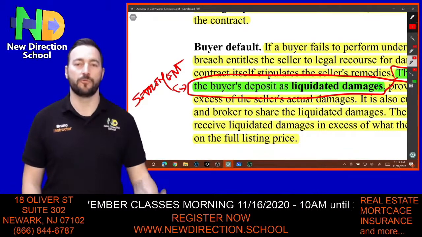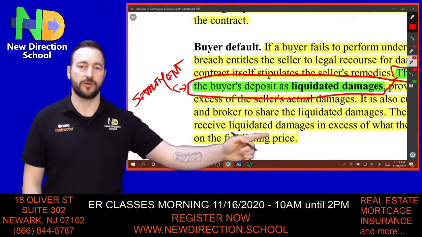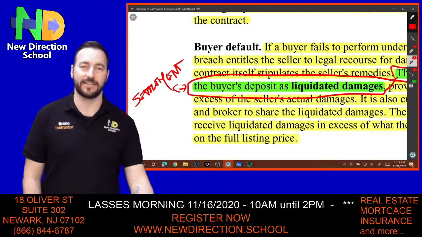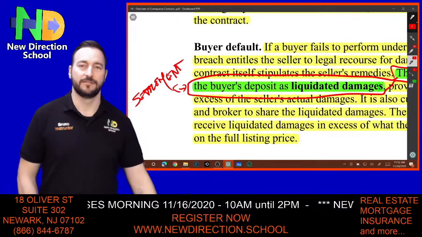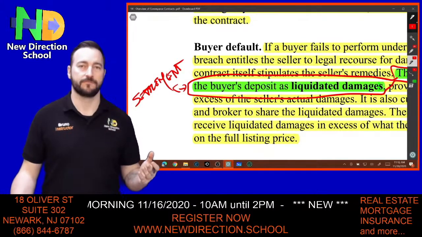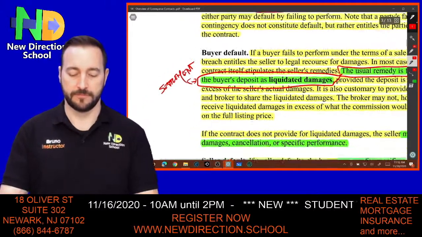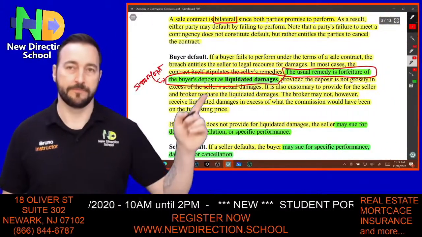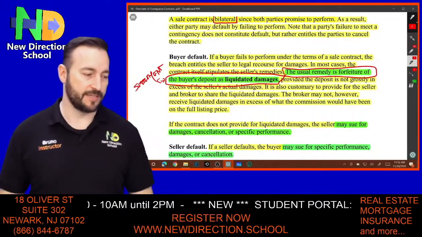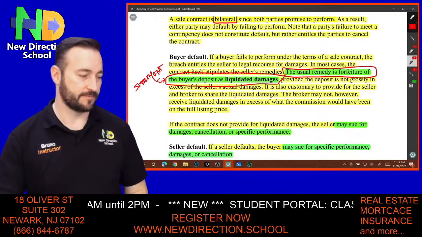If I want to sue for more, right? So if I want to sue for an excess of the money that's there, then I can have one or the other. So I can sue for more money if I want. But usually, liquidated damages, that means I settled.